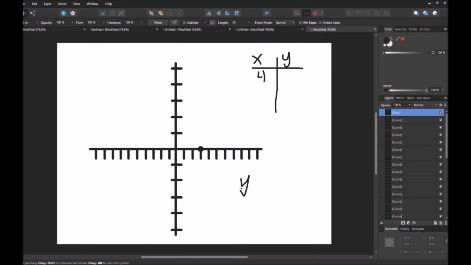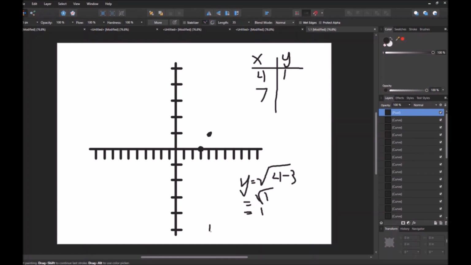So y equals the square root of 4 minus 3. That's going to give us the square root of 1, and the square root of 1 is just 1. So we have the point 4 comma 1. And then we can also do 7.